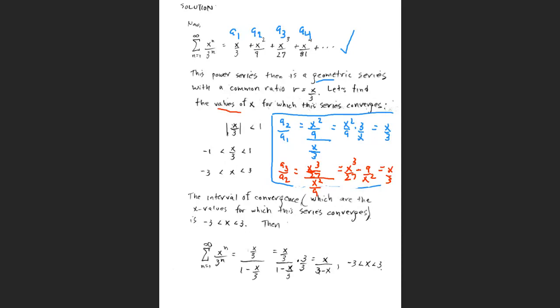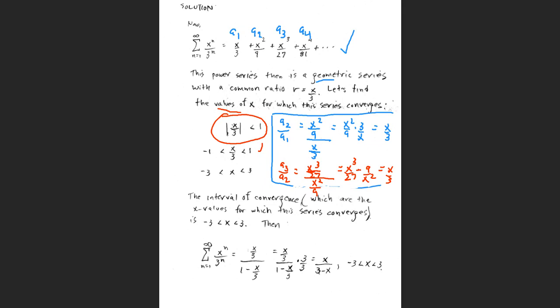We do have a common ratio of x divided by 3, but for this power series to converge, the absolute value of the common ratio has to be less than 1. That means x over 3 has to be less than 1 and greater than -1.